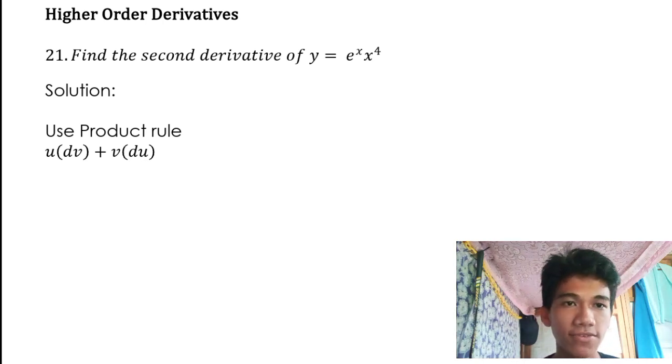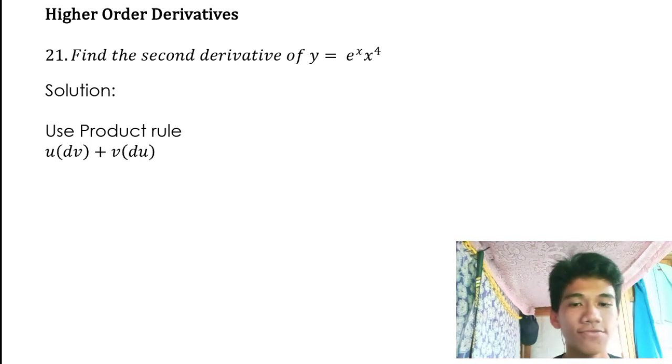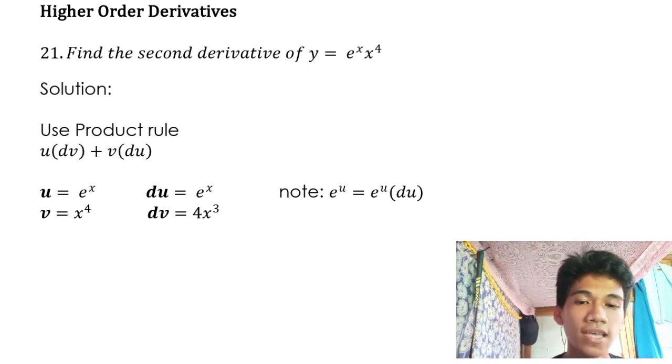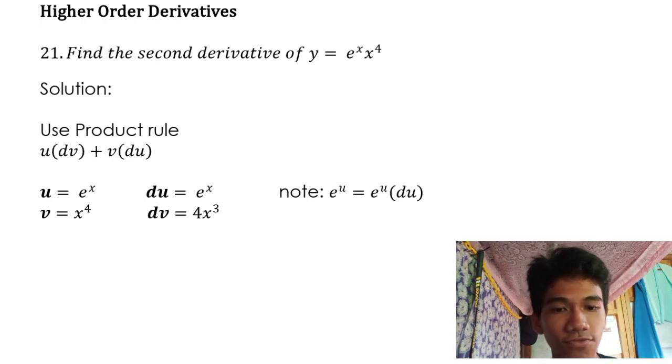So let's list down the value of u and the value of v. The value of u is e raised to x, and the value of v is equal to x raised to 4.